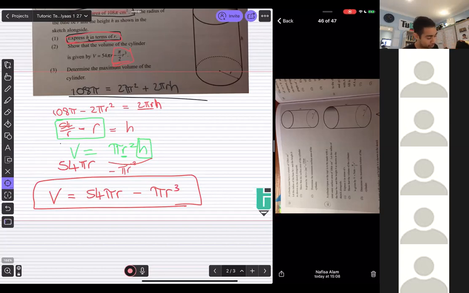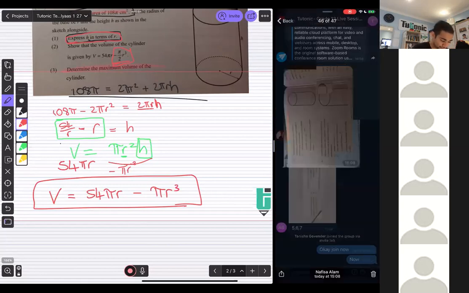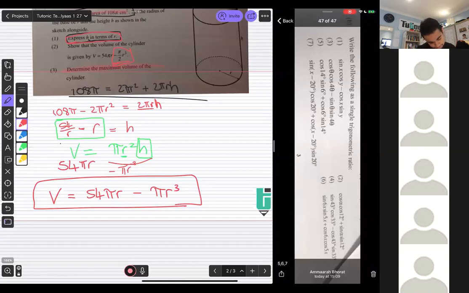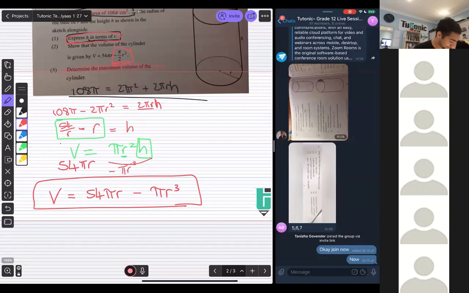So we have to understand what the equation means. So what's the maximum volume? Any ideas? Guys, any ideas?